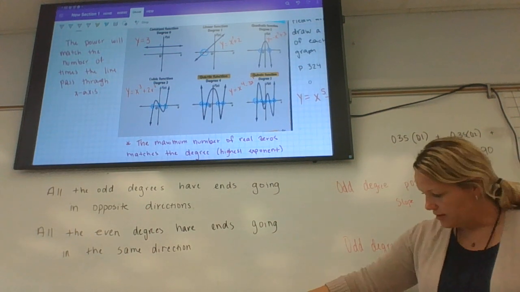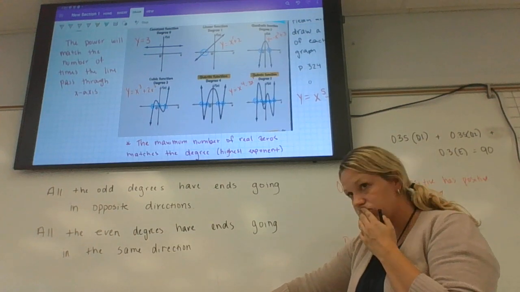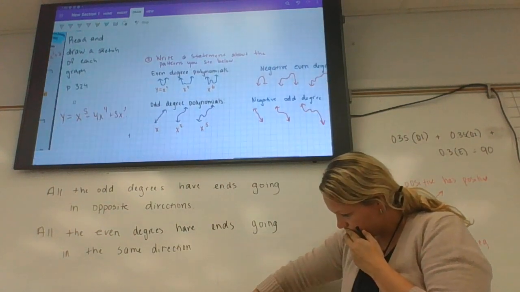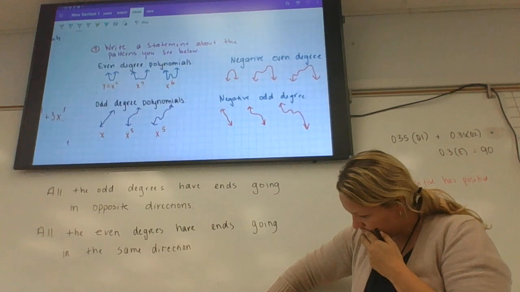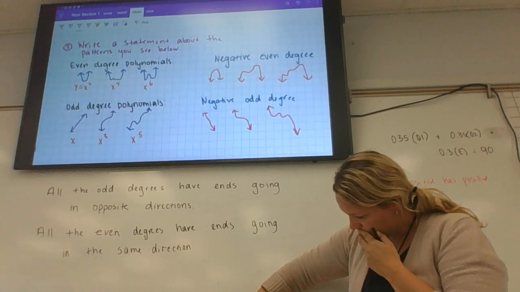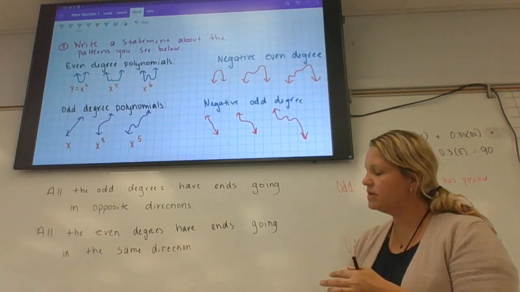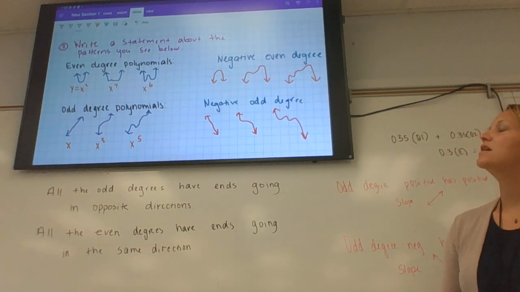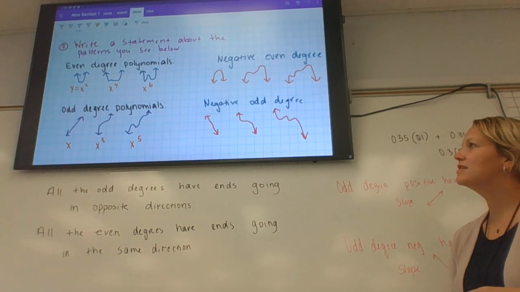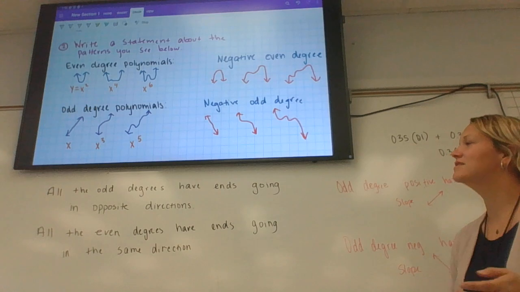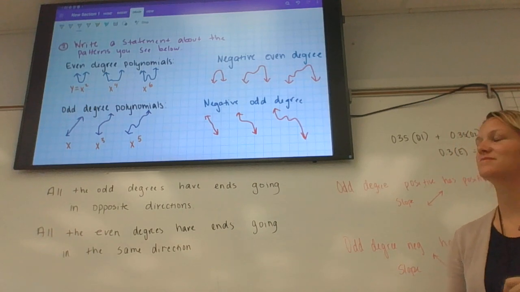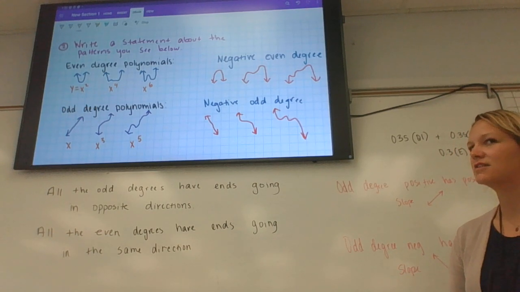Ready for another example of patterns? All right, so somebody in my earlier class said it looks like someone drew these with bad goggles on or something.